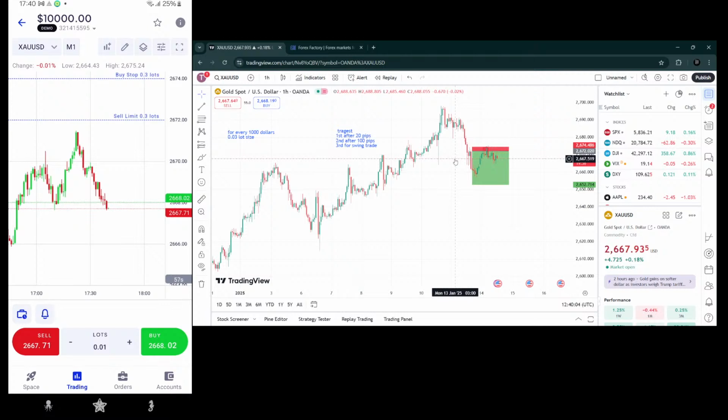Now it's going down to 2667.81, 72. As you can see, 100 cents are 10 pips. So after $2, if you count $2, it's 20 pips, and 100 pips is $10, like from 2670 to 2660. So the difference is $10.